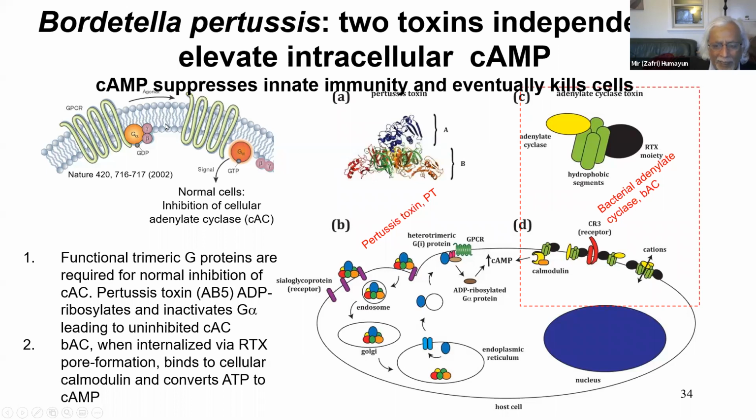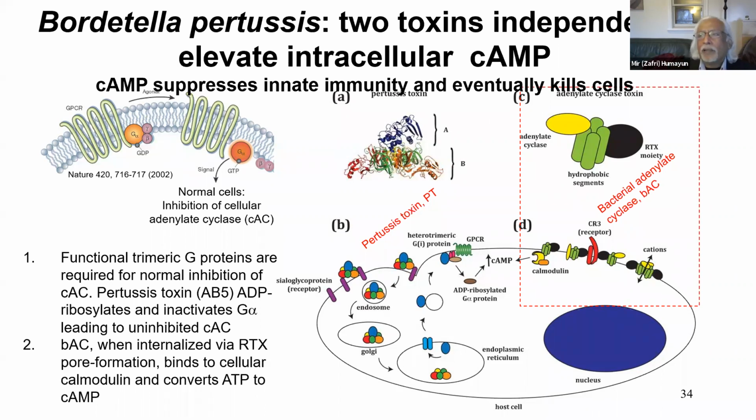Pertussis toxin acts by blocking an inhibitory pathway whose function it is to keep cAMP levels low. Now, when cAMP levels are high, the cell goes into a cell death pathway called apoptosis. Therefore, the cAMP levels need to be kept low.